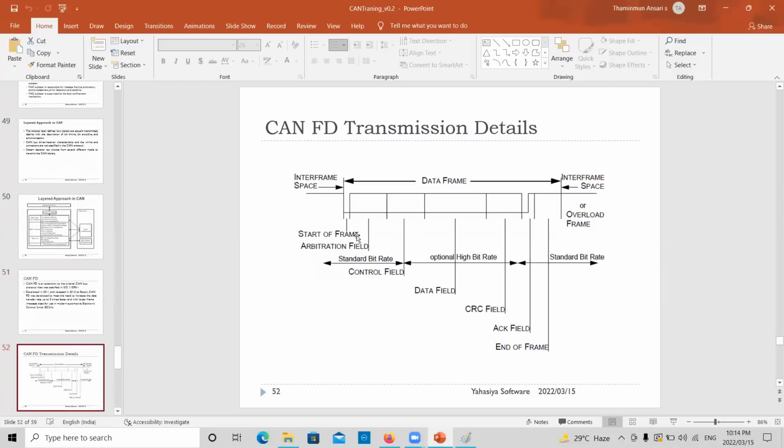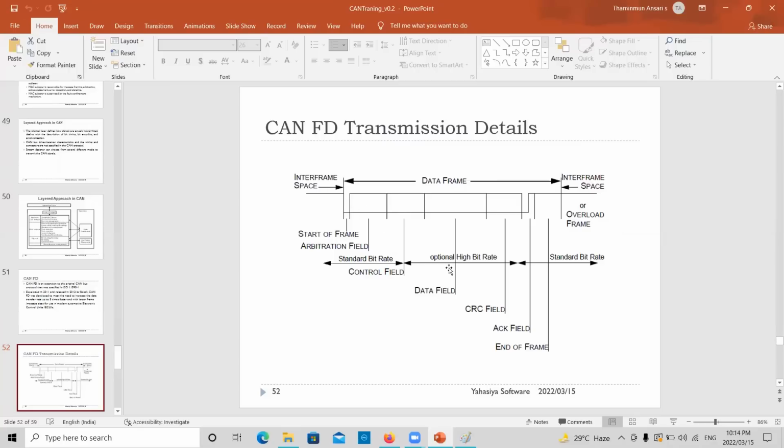Here is the diagram. You have a start-of-frame, the arbitration field, and all these things will go at the standard baud rate. The moment it comes to the data, it will automatically switch; you need not go and switch anything. Initially, you will configure 2 baud rates. The first baud rate, the standard baud rate, will be used to transmit handshaking signals.